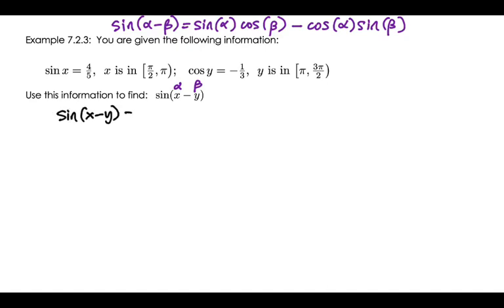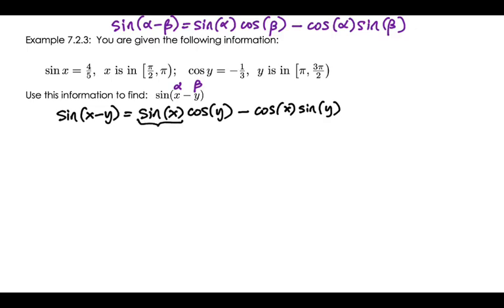Okay, so sine of x minus y, that's what we're trying to find, is equal to sine x cosine y, that's my sine alpha, cosine beta. Subtraction formula has subtraction, cosine alpha, sine beta. Okay, so to find sine of x minus y, I have these 4 trig values I need to find. Okay, so let's see, they gave me sine of x.